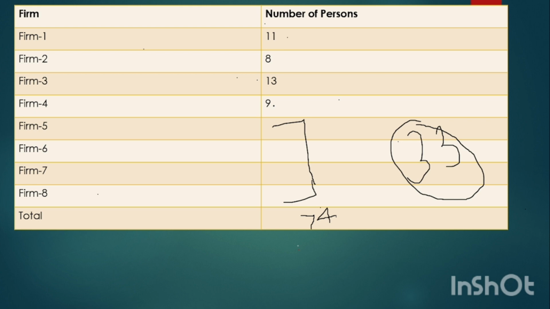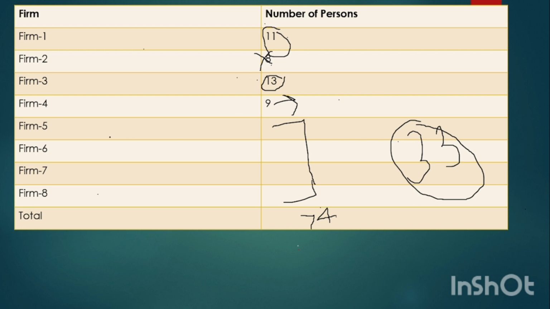As I can see, the number of persons working in firm 4 is 9. Firm 3 is having 13, that is an absolute value. I can take this. Firm 2 is having 8 persons. I will not take this because it is less than firm 4. Firm 1 is having 11 persons. I will surely take this value as well.